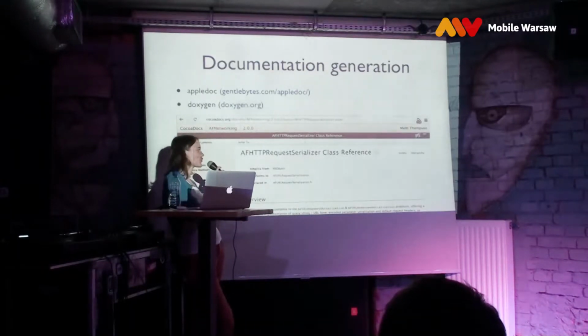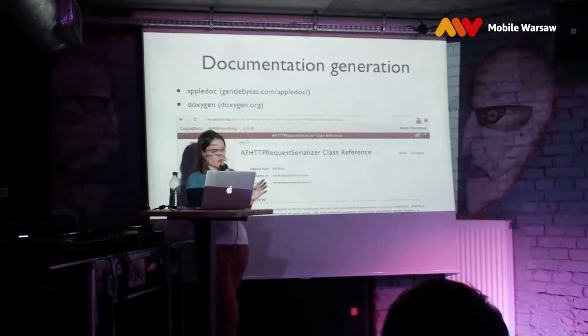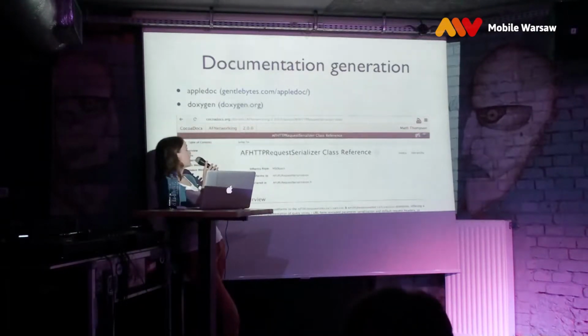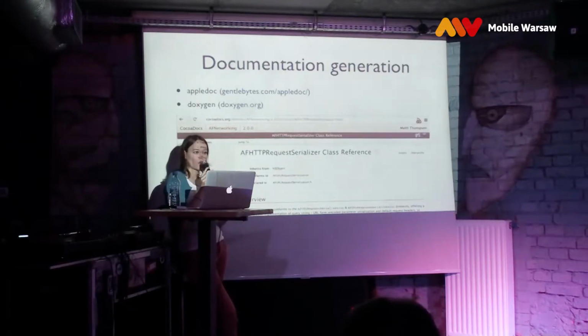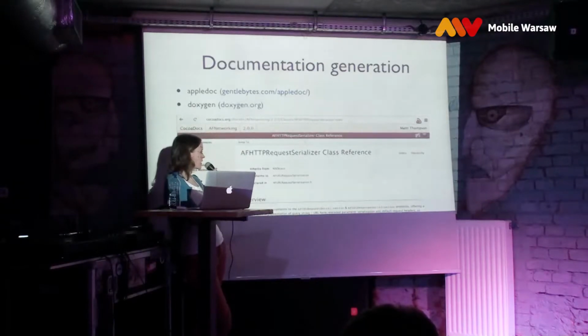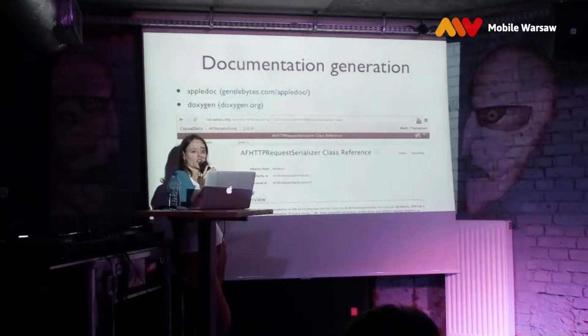These two tools are out there to generate documentation. So if you like the way Apple documentation looks and you want the same look for your libraries, then you don't need to look anywhere else. There is AppleDoc. That's the kind of documentation it can generate, and it looks pretty identical to Apple's documentation.